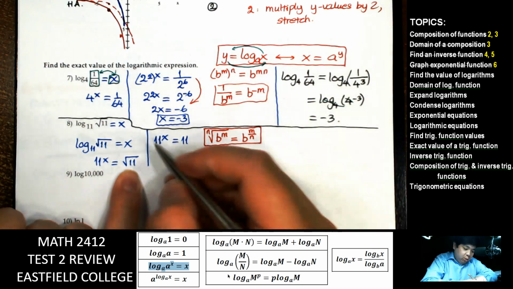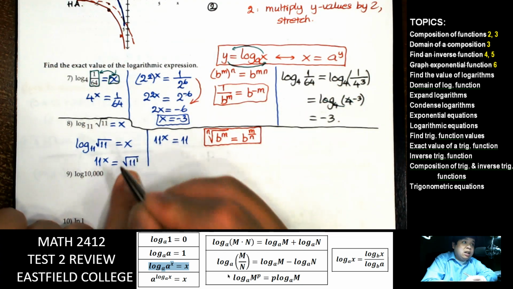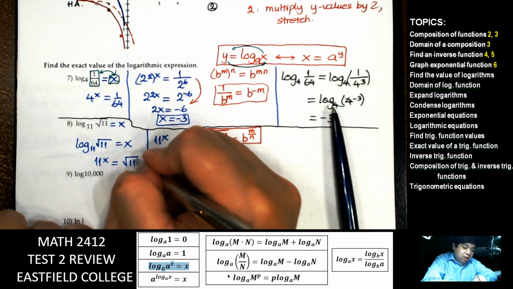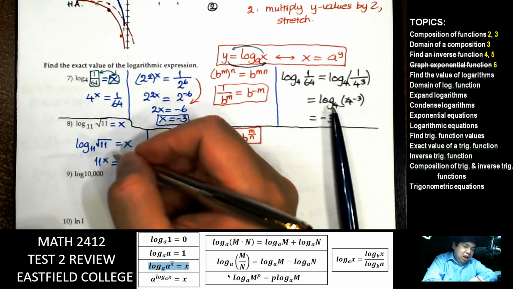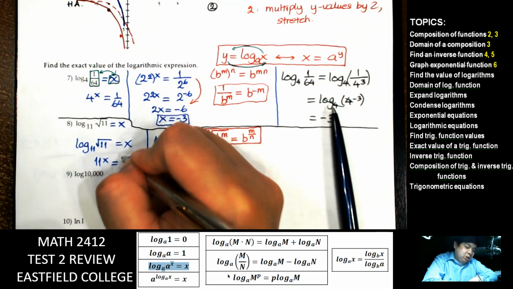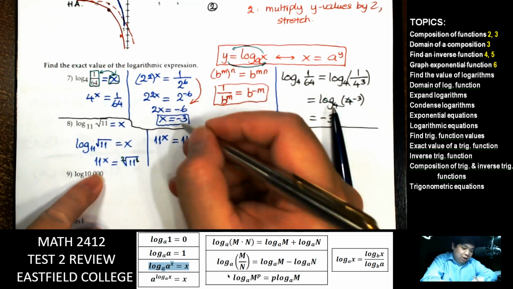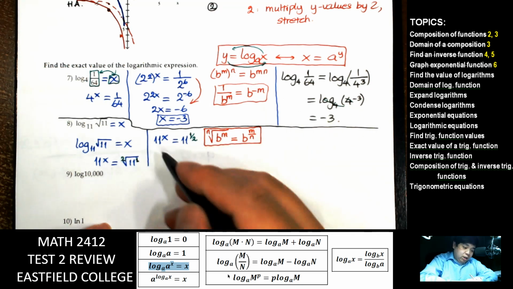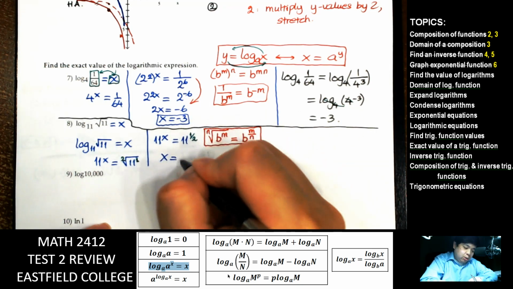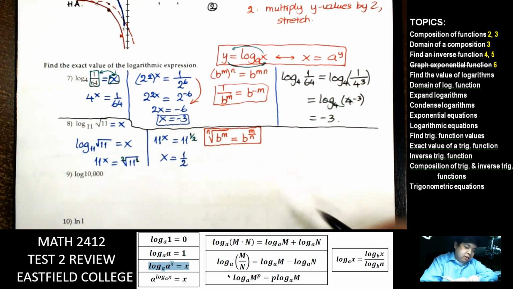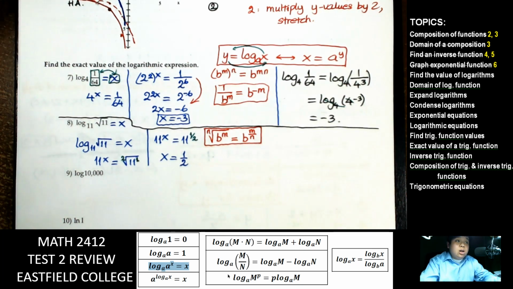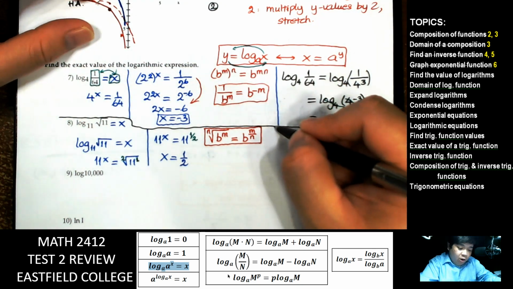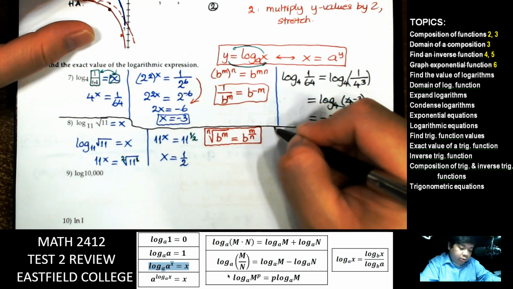By default, we can write 1 here; 11 to the first power is still 11. And then for the square root, we can just write the 2 there. So therefore, this is 1 over 2. With that, of course, x equals 1/2. So that is the long way where we swap to exponential form.